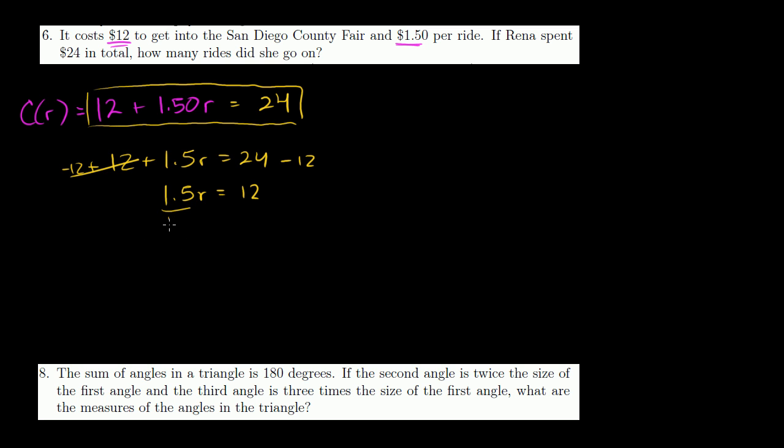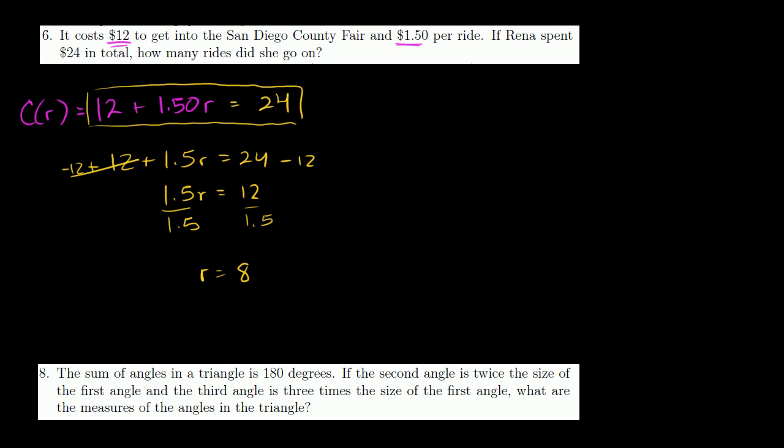Divide both sides by 1.5. You get r is equal to, what's 12 divided by 1.5? That is 8. 1.5 times 8 is 12. 8 is 8, and half of an 8 is 4. That's 12. So she went on 8 rides.